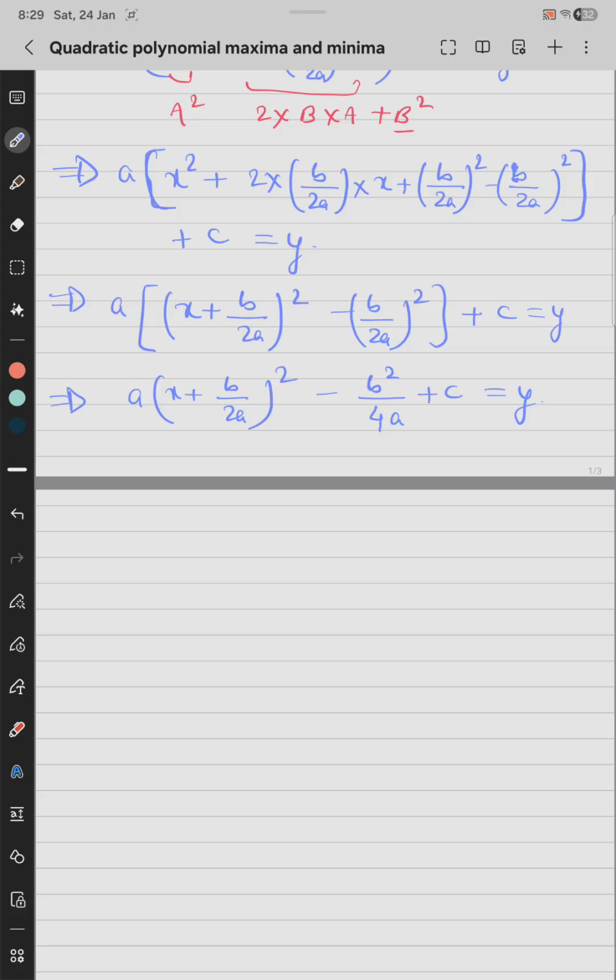Of course, since we have a square of x plus b by 2a, the square of any number is always greater than or equal to 0.